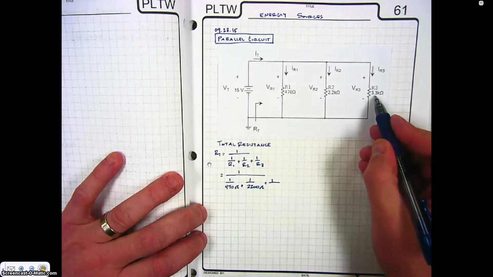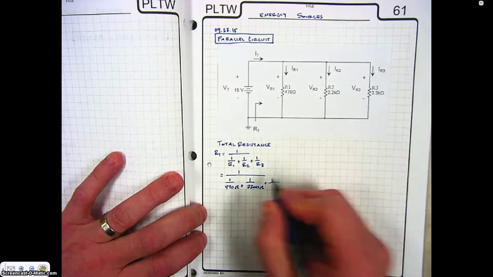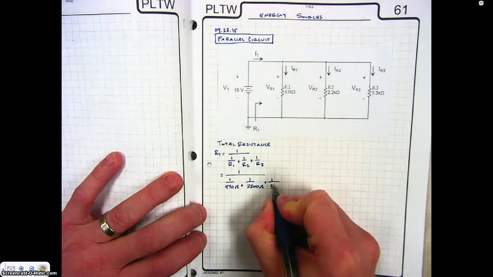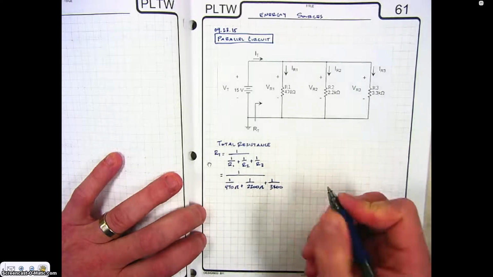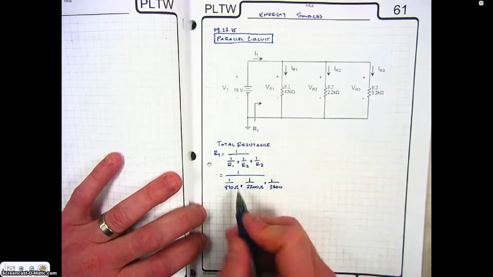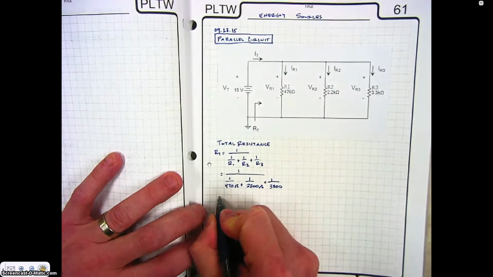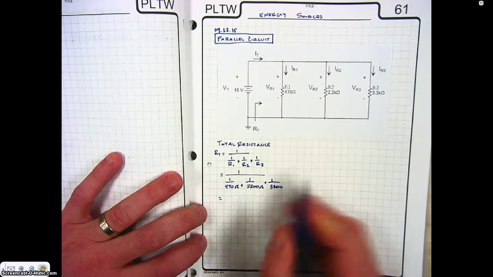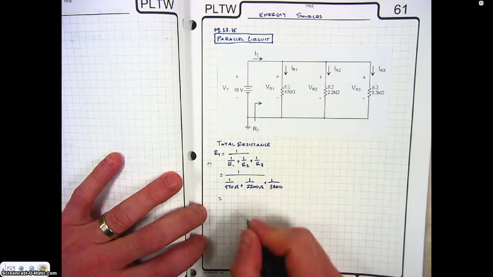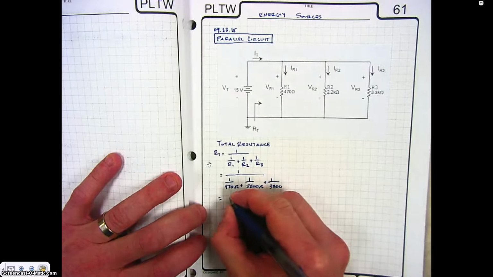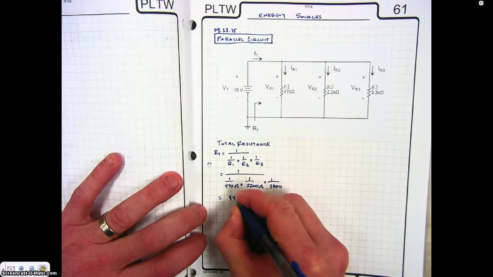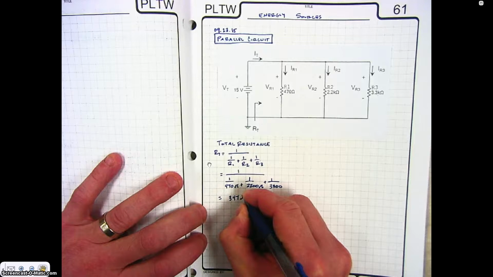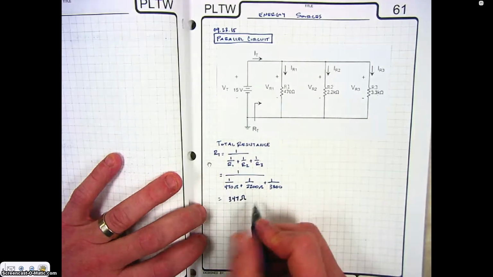Again, move the decimal 3 places to the right to convert it to ohms, and we have 3,300 ohms. So we plug this all into our calculator, figure the bottom, 1 divided by whatever that total would be, and we get 347 ohms of resistance.